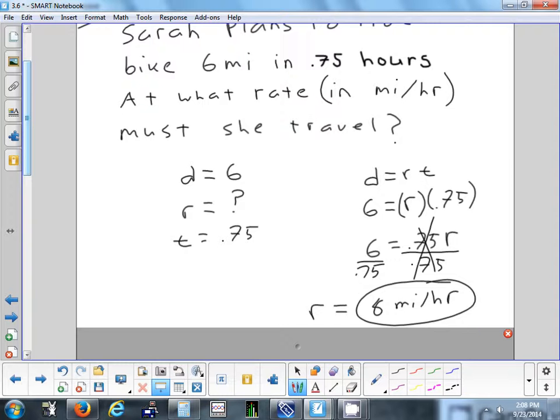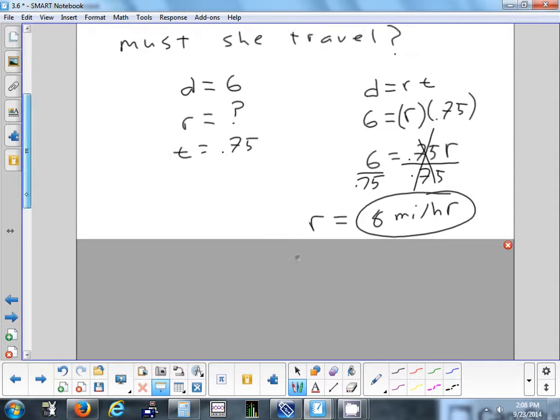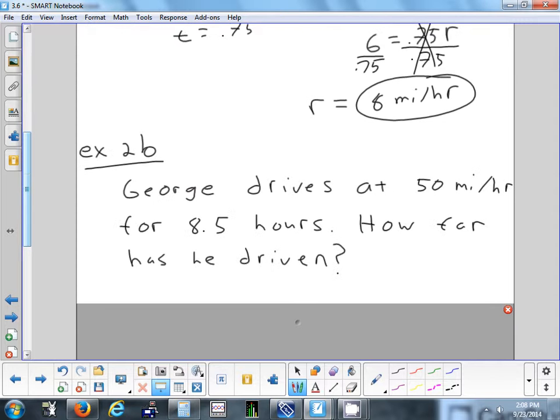Besides asking you to solve for the rate, what else could I ask you to solve for? Time or distance. Let's try one where I ask you to find distance. This time it says George drives at 50 miles an hour for 8.5 hours.